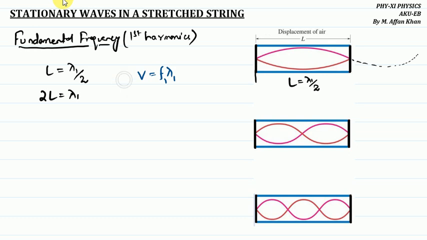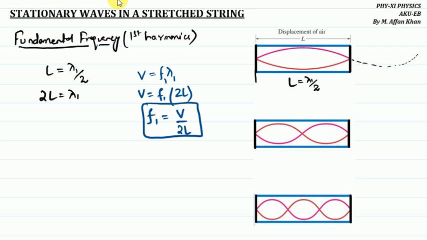So the fundamental frequency, or the first harmonic, will be given as F1 equals V upon 2L, velocity divided by twice the length. This is the fundamental frequency.